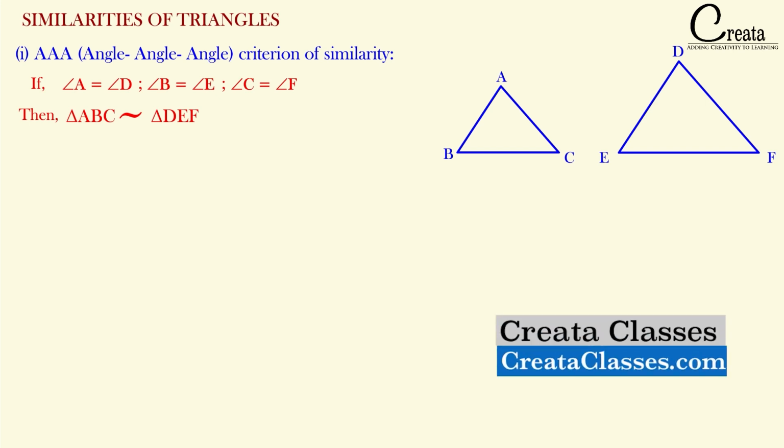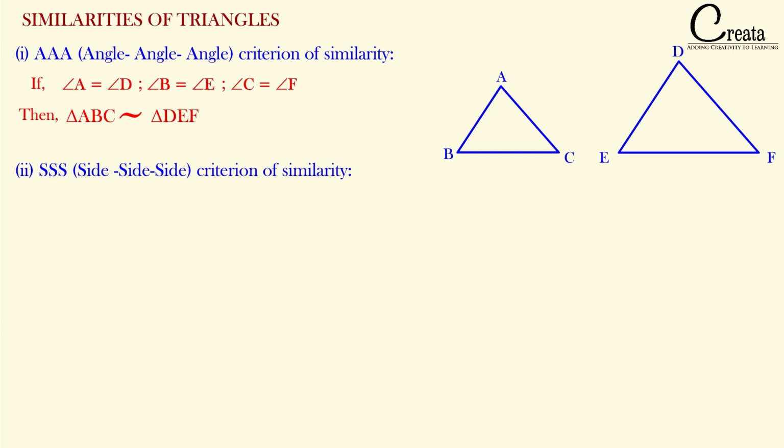The second criteria we have done is SSS, that is side, side, side, in which if the ratio of the corresponding sides in two triangles are equal to each other, then we can say the two triangles are similar to each other.